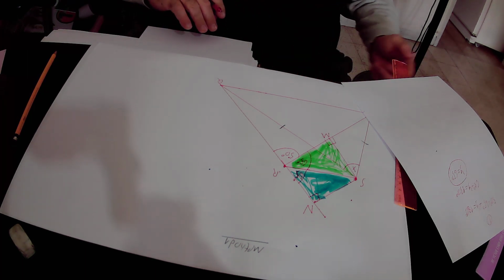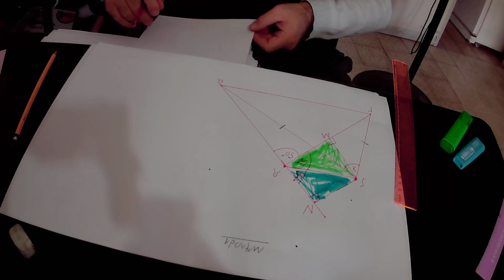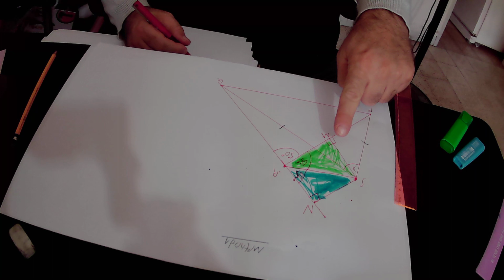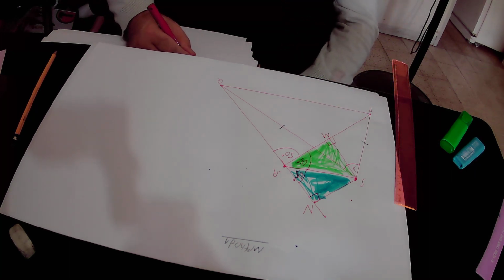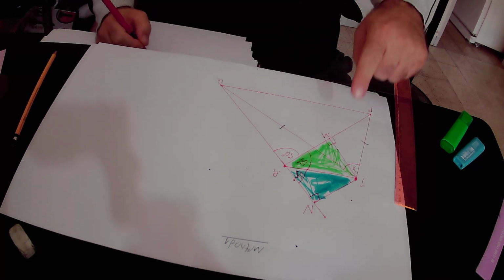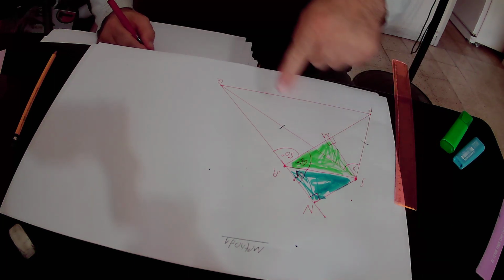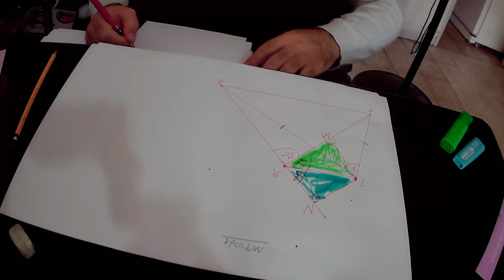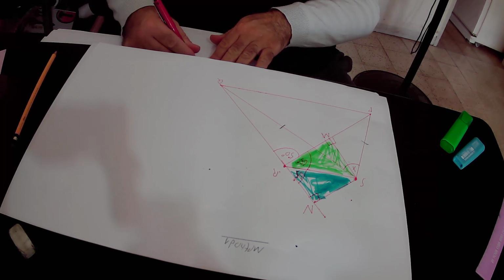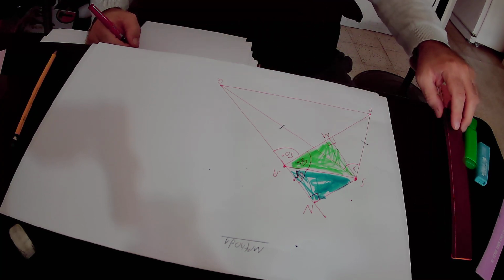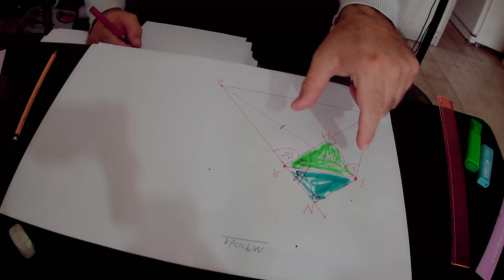So we focus on the green triangle, the right green triangle, triangle SMR, and the right blue triangle, triangle SNR. On those two triangles we have a common side.